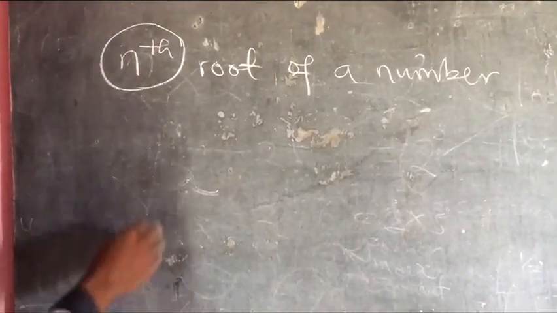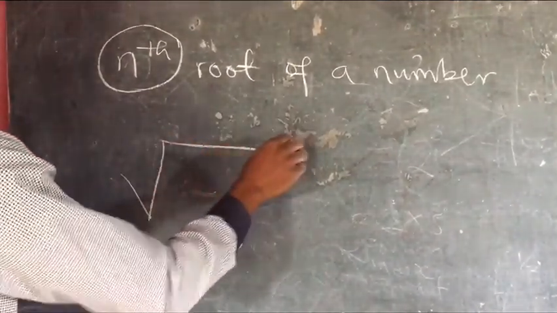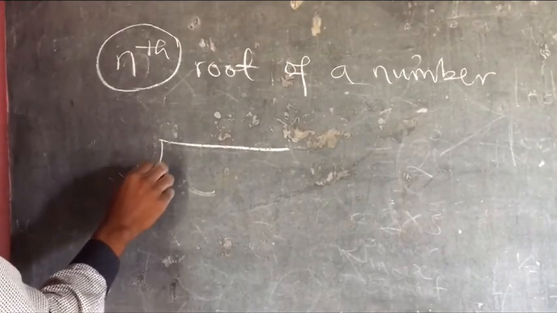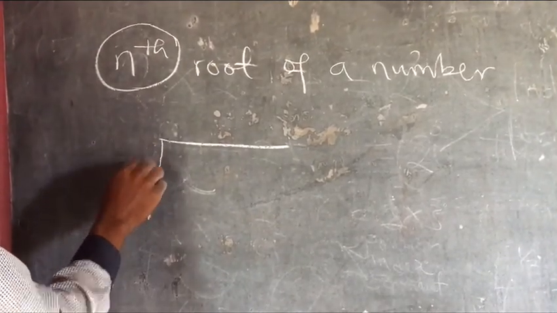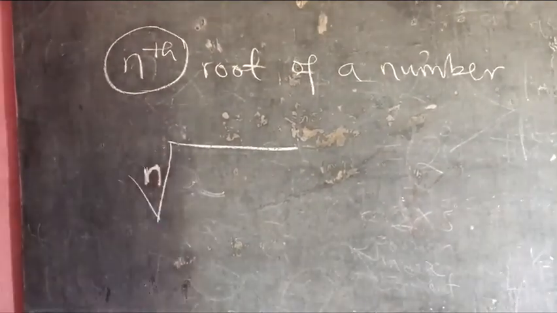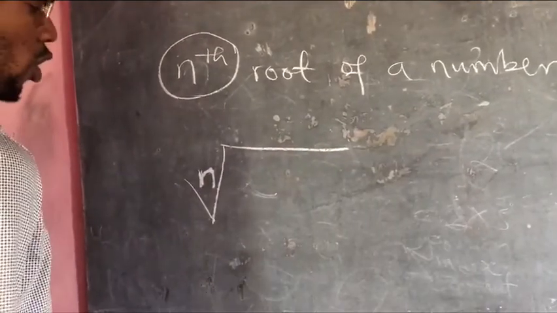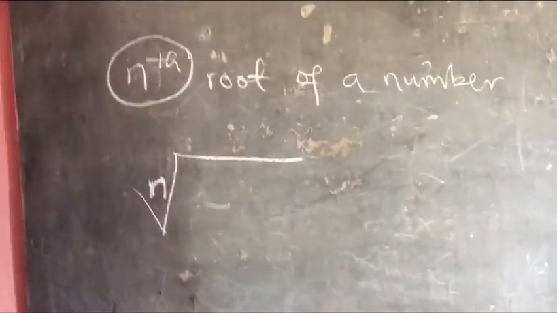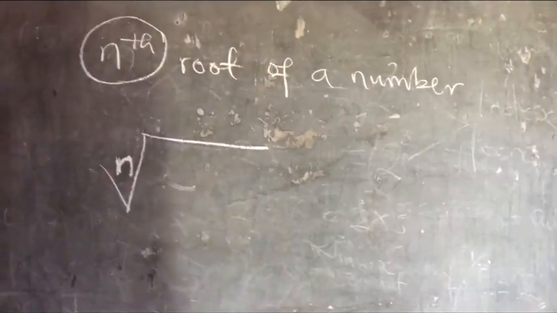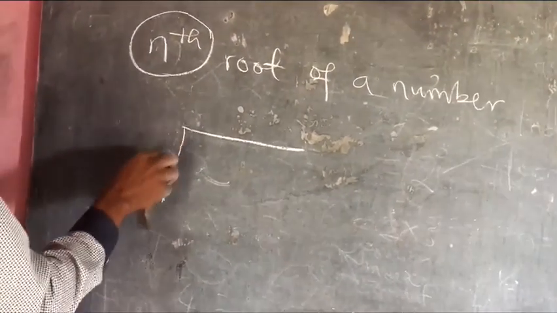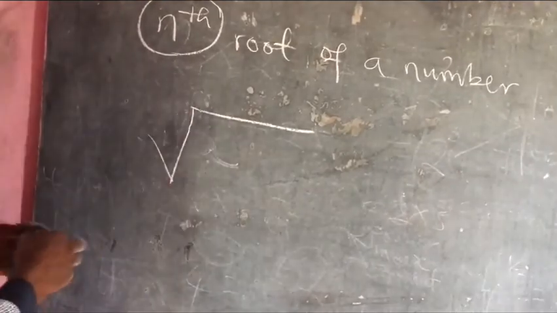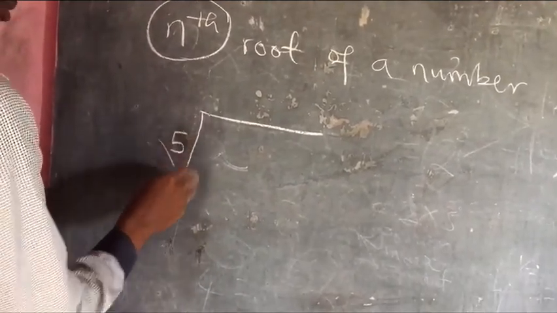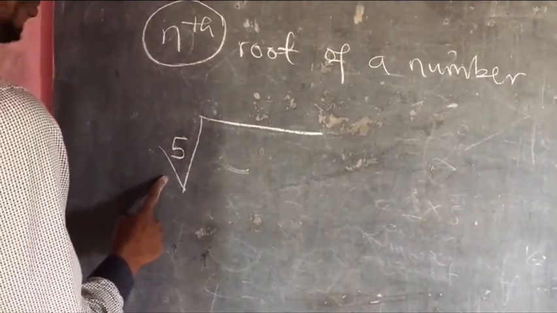The nth root of a number, we denote it like this. We make the sign like this. So it means nth, any number root of a number. What do you mean? If I want to find any number root, if it is the 5th root I want to find, I will just write 5. It means the 5th root of that number.